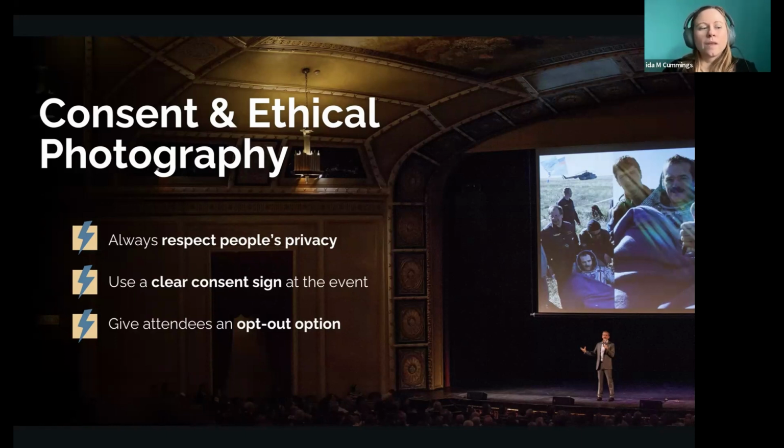But if there's more, I've noticed that events often will have a sticker or a ribbon, something available at the door as they walk in for them to put on themselves. That way it alleviates the pressure of having to say something up front, and it's just something they can grab, put on, and it tells you that you should not photograph them.